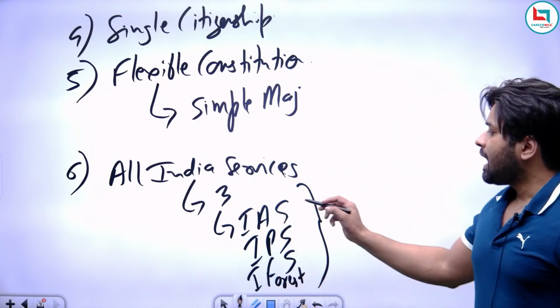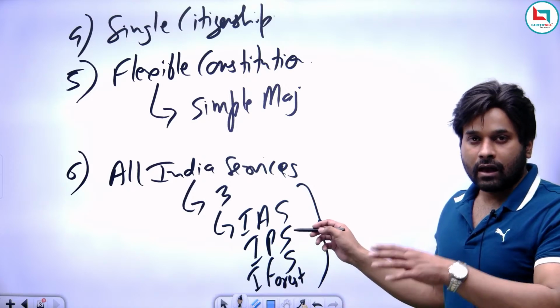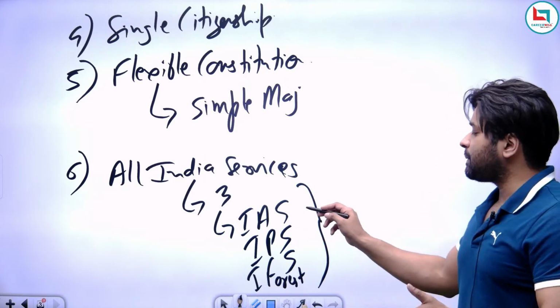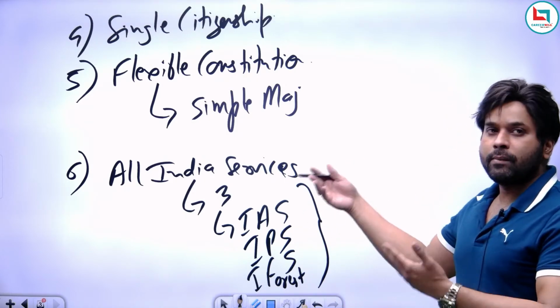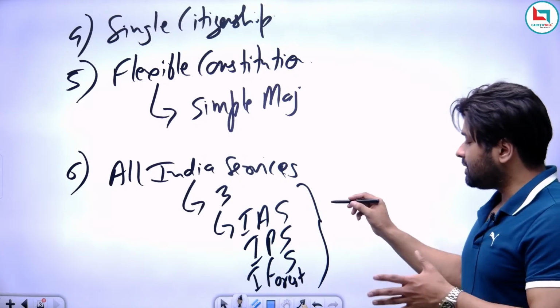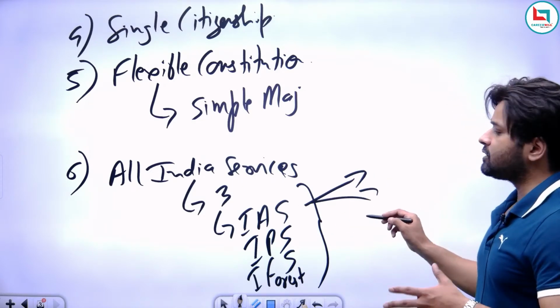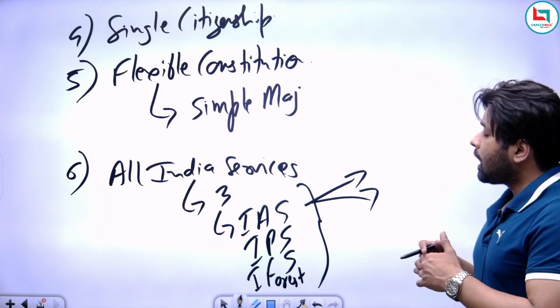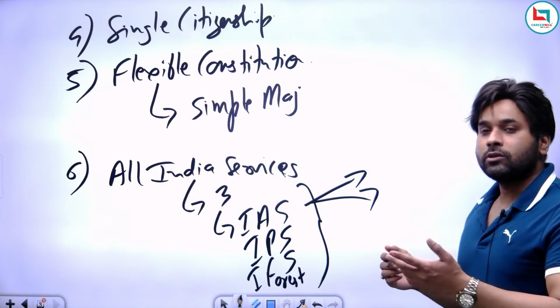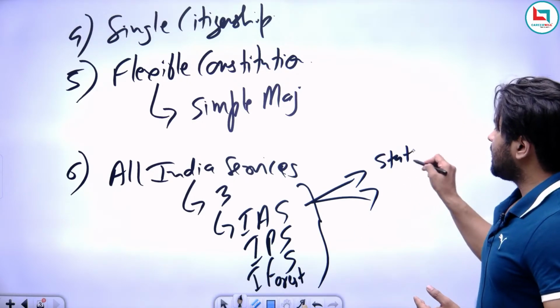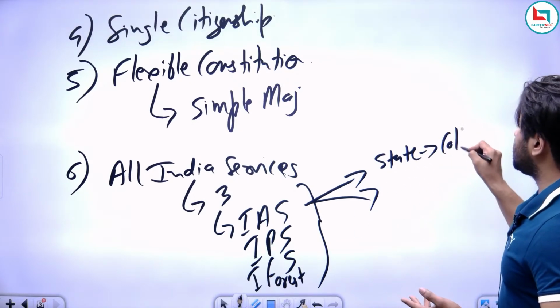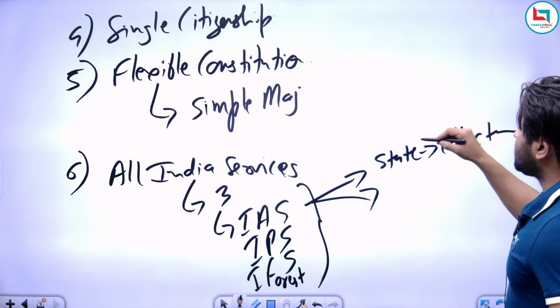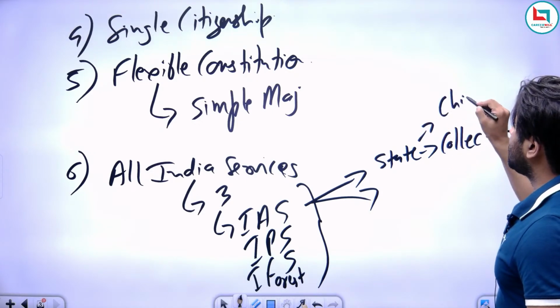For example, IAS is appointed by the president. The central government gives him training, but at the end he is going to render his service to both. To the states, he is appointed as SDM, collector, chief secretary.